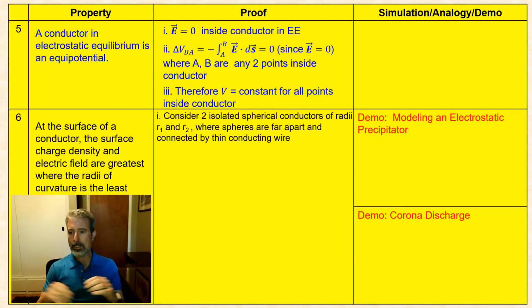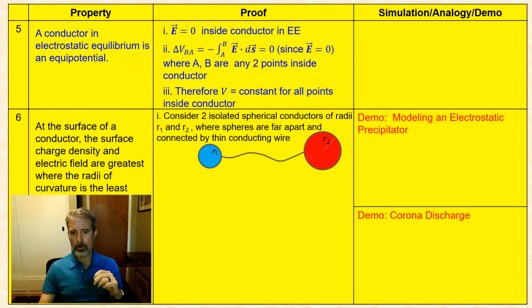Let's look at two distinct conductors with different radii, R1 and R2, but they're electrically connected, which means that both of them will be at the same electric potential. So let's look at a picture of these two conductors.